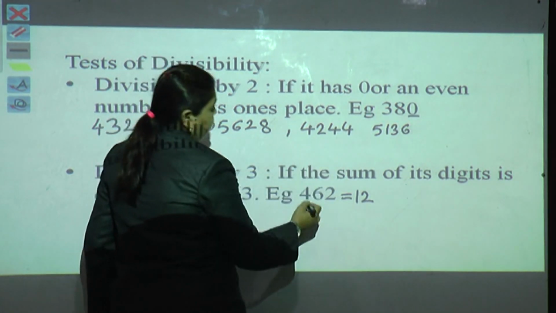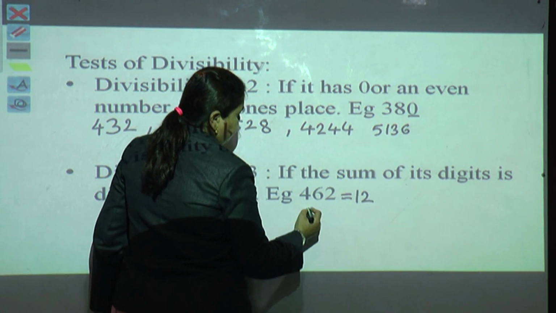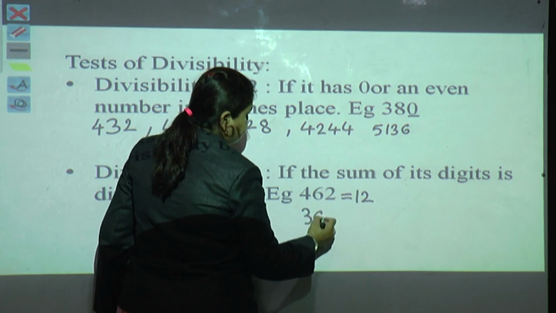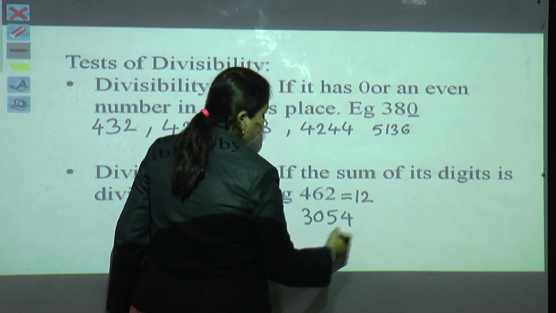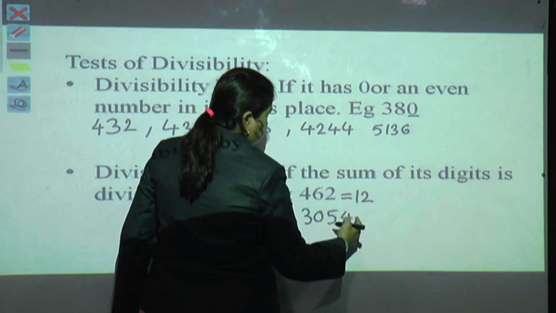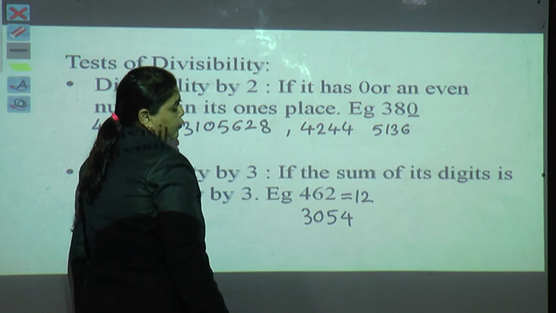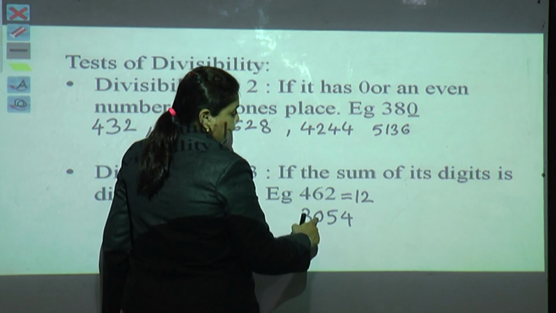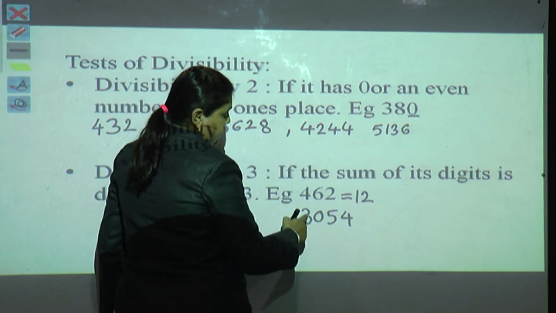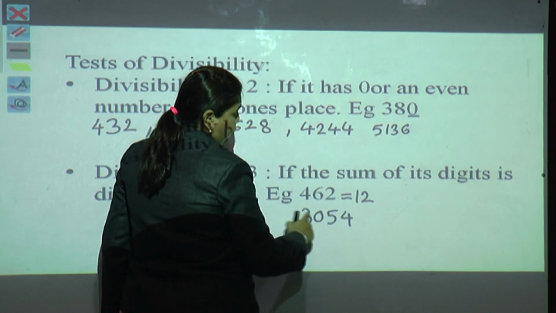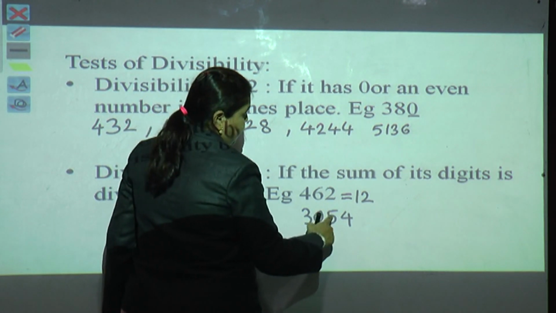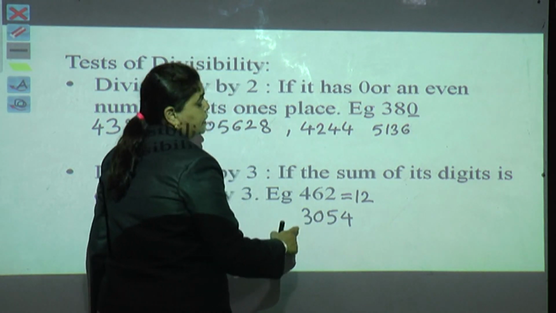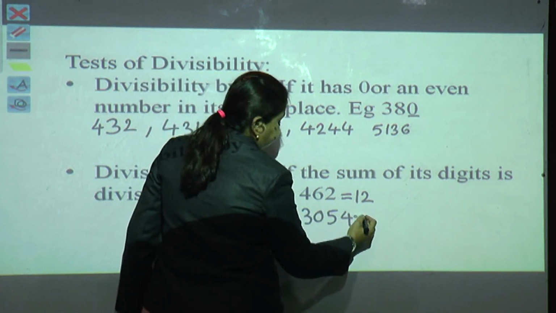Here we will consider another example. If we write a number as 3054. If it is 0, no need to consider. We can do the total. You can do the sum from here or from here, the answer will remain the same. 5 plus 4 is 9, 9 plus 3 is 12.